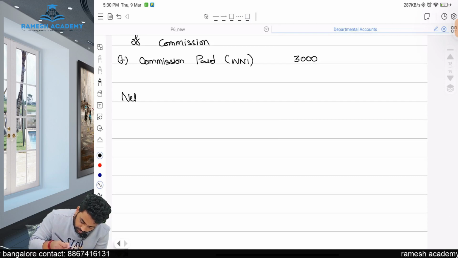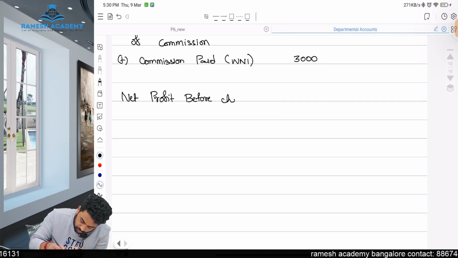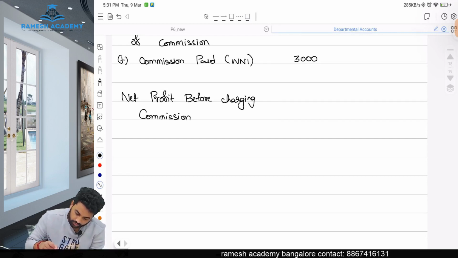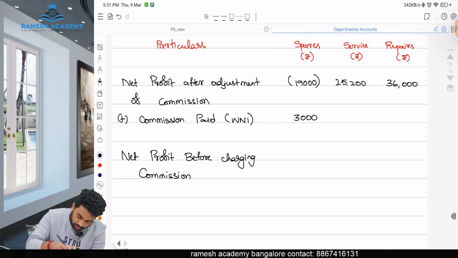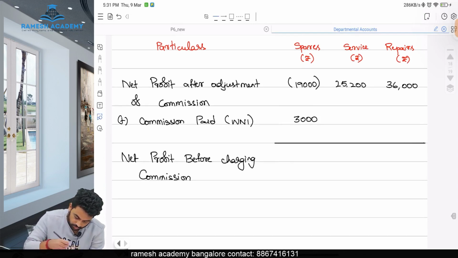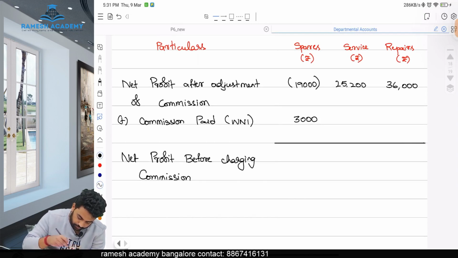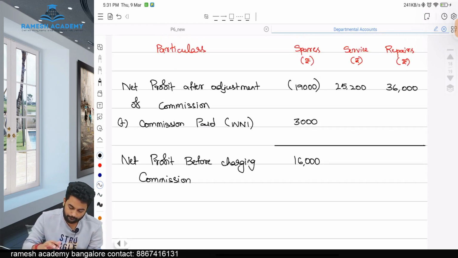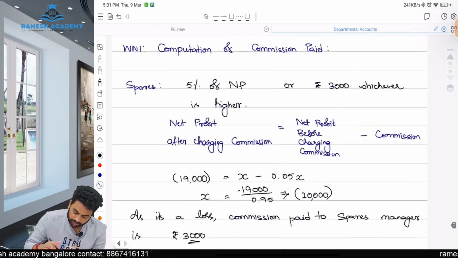Net profit before charging commission is 16,000 loss. Done.